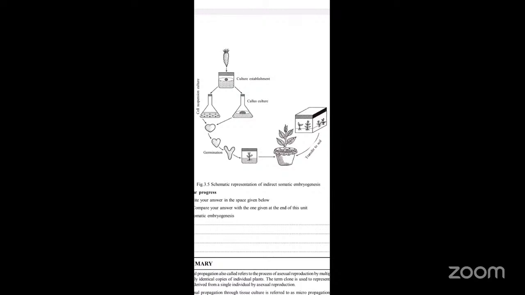There are physical factors like light, temperature, and pH. Chemical factors include carbon-nitrogen ratio, oxygen content, and the concentration of carbohydrates. These are some of the chemical factors.